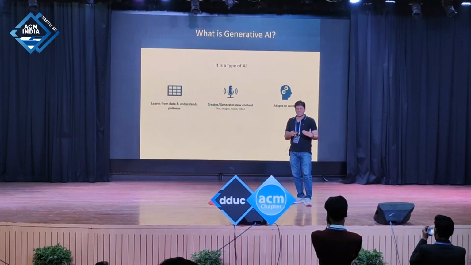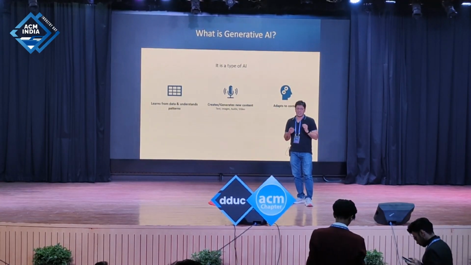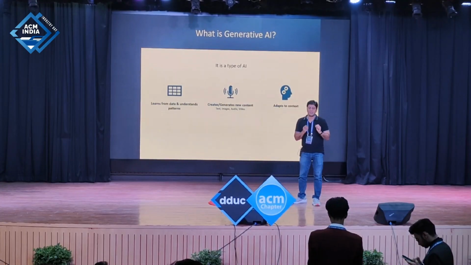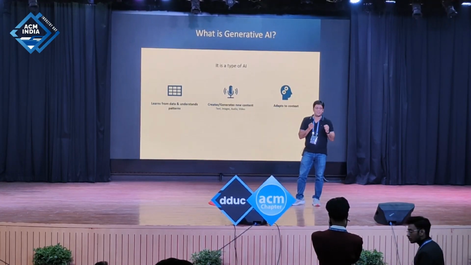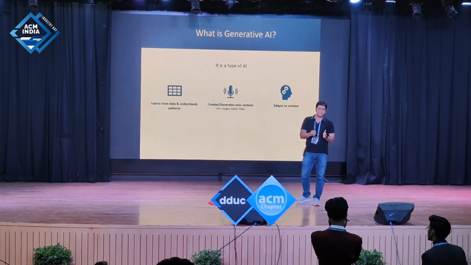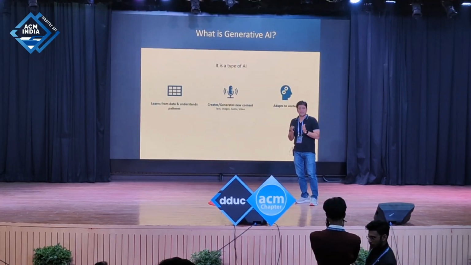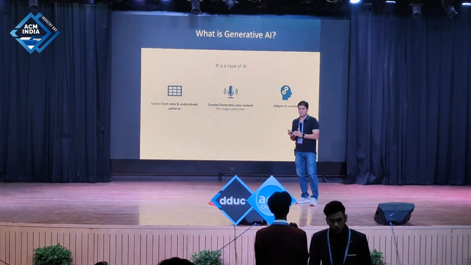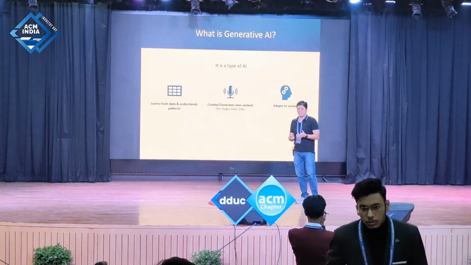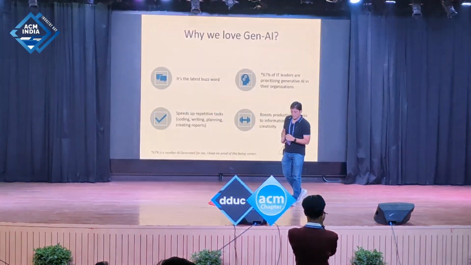But generative AI, as the word suggests, is able to generate content. By adapting to context, I mean that when you give a prompt, you can say I'm an Indian, I'm a boy, I'm a lawyer, I'm an engineer. So you can give defined personas, and situations as well, and the answers will get modified based on the persona and the situation. That is the biggest ability of generative AI compared to the ordinary AI that we have been using.